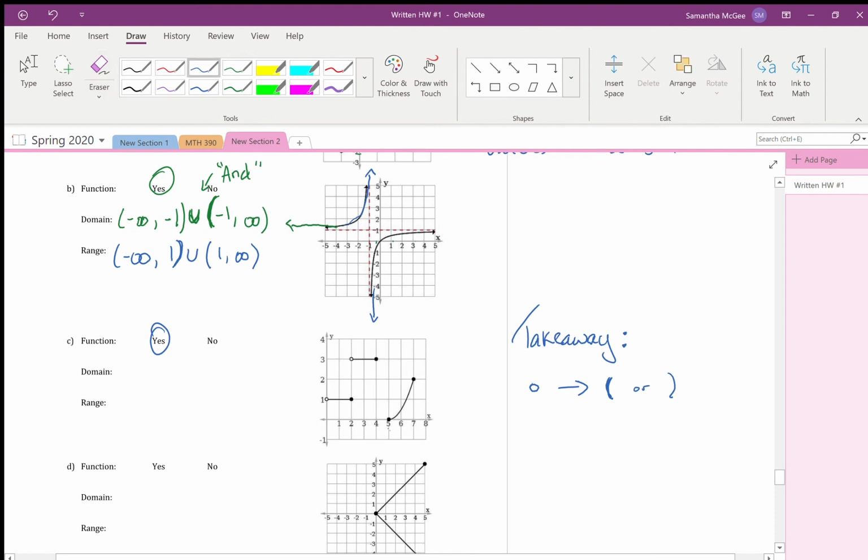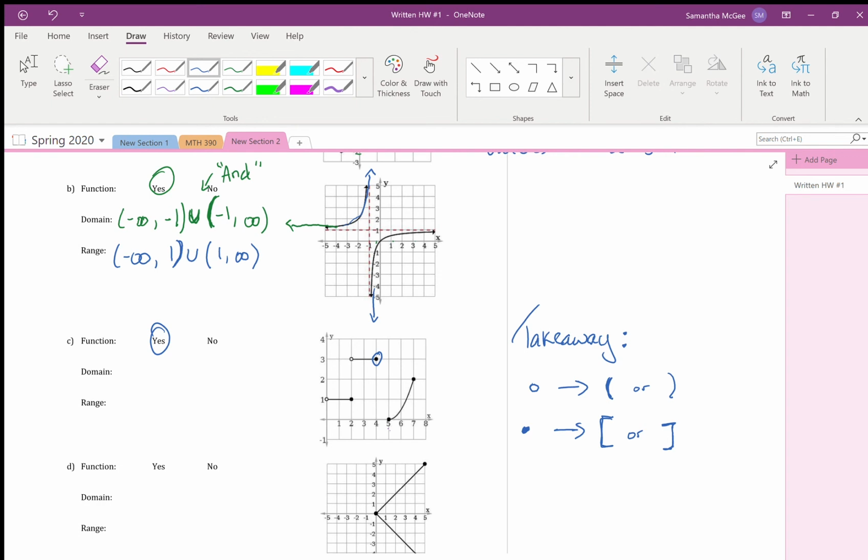But if we have a filled in dot, this corresponds to using a bracket. And again, the reason is because if we have that open dot, we're saying it's not actually defined there. So we're not actually including that value there. But if our dot is filled in, we are including it there. It is defined there. So that's why we would use a bracket.